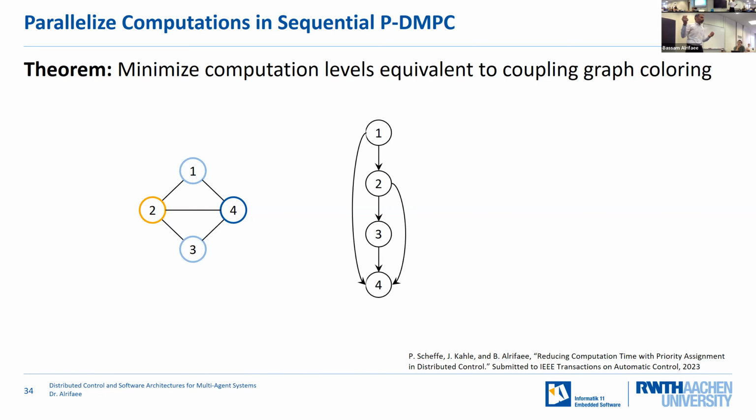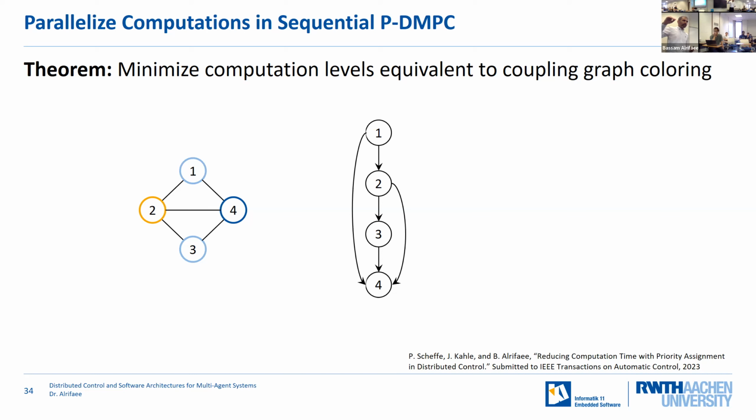This is equivalent, we showed this, to the graph coloring problem. What is the graph coloring problem? If 2 vertices are neighbors, they are not allowed to have the same color. So in graph coloring, we are looking for the minimal number of colors to color a graph.